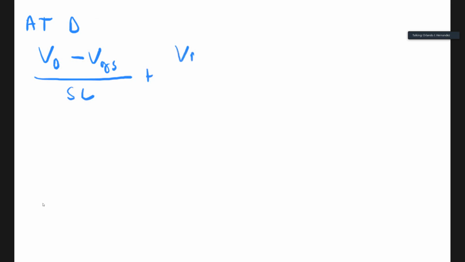Then the next equation is going to be at the drain. And for that, we have that VD minus VGS divided by the Laplace impedance of the inductor plus VD divided by the Laplace impedance of C1 plus the current source, that's GM times VGS.